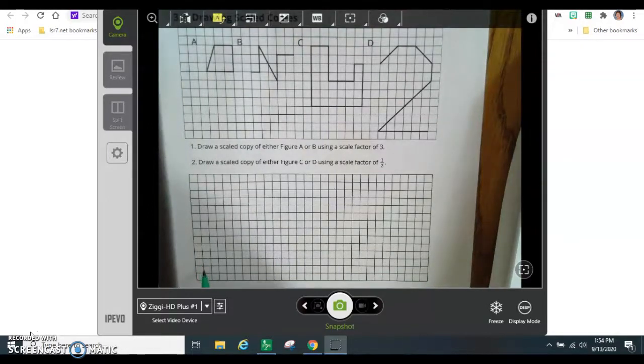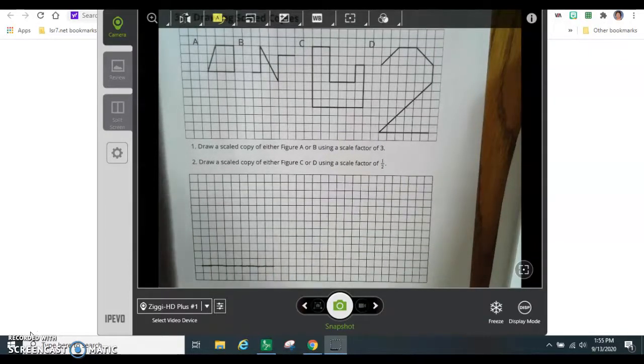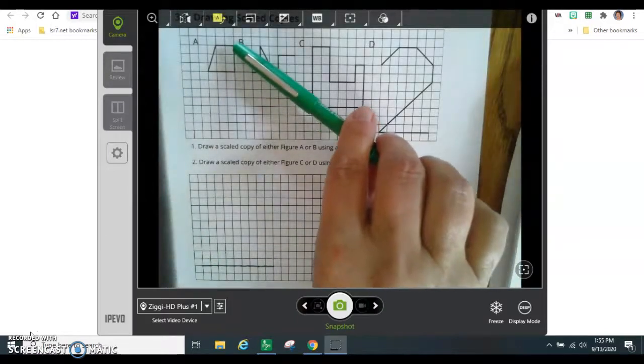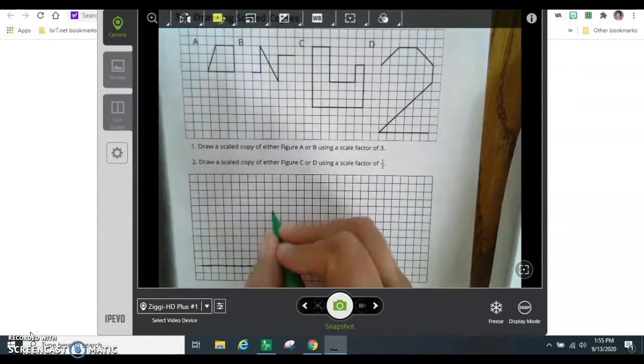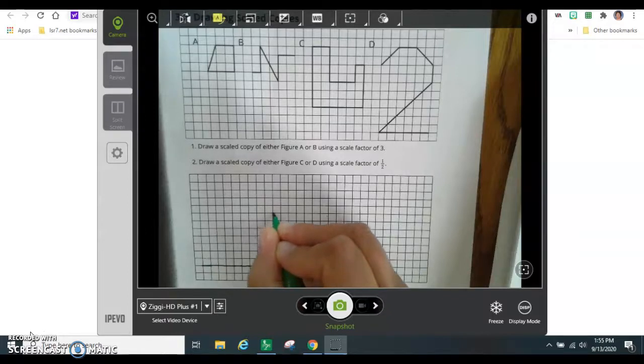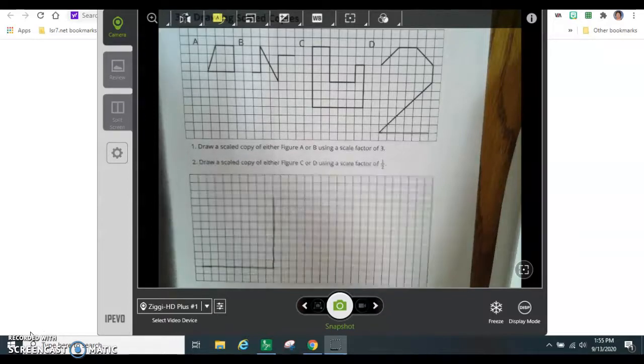So I'm going to go kind of close to the bottom here and do 1, 2, 3, 4, 5, 6, 7, 8, 9. Okay, and then this side of A is 3 as well, so it would have to be 3 times 3 is 9. I'm going to go 1, 2, 3, 4, 5, 6, 7, 8, 9.